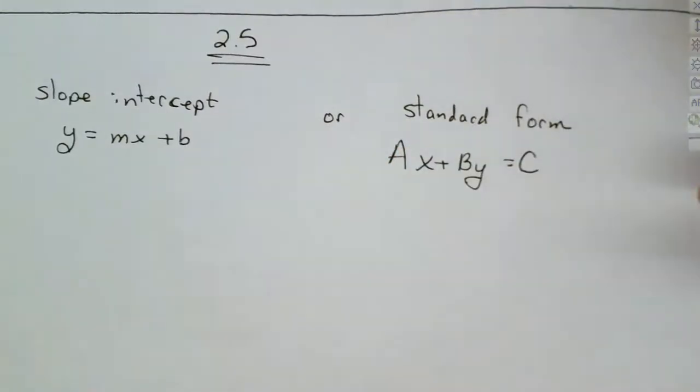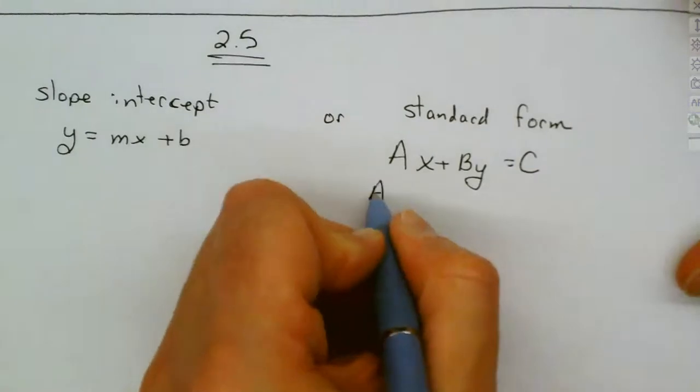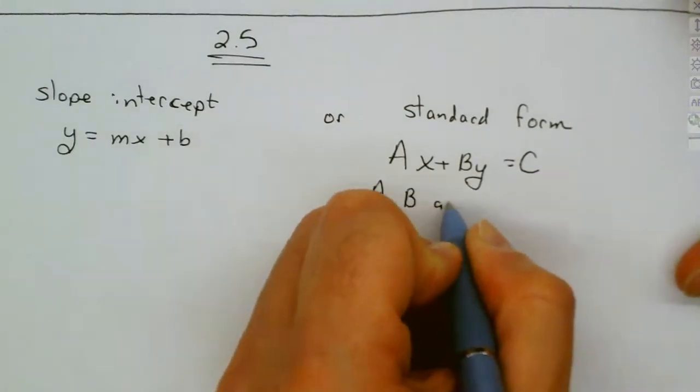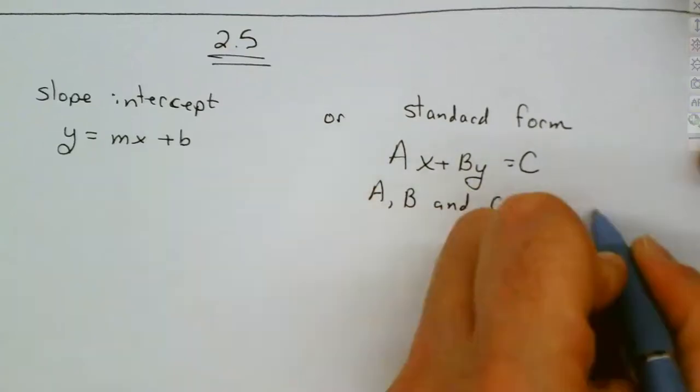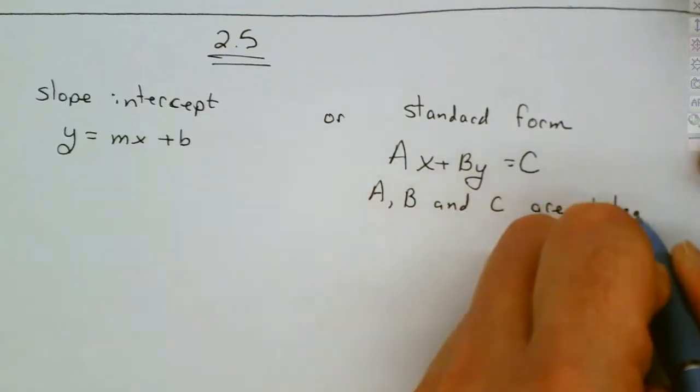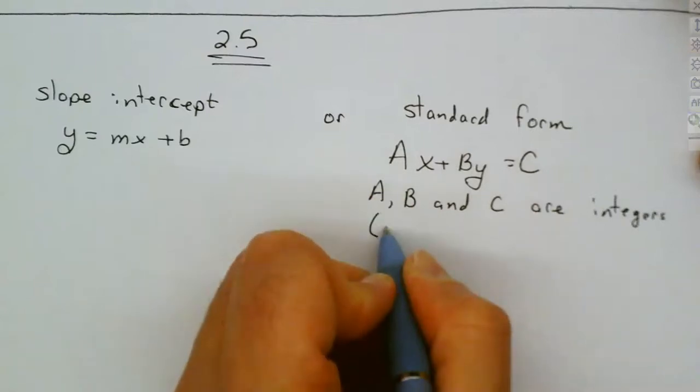And with standard form, we have to be careful because a, b, and c are integers. So no fractions or decimals.